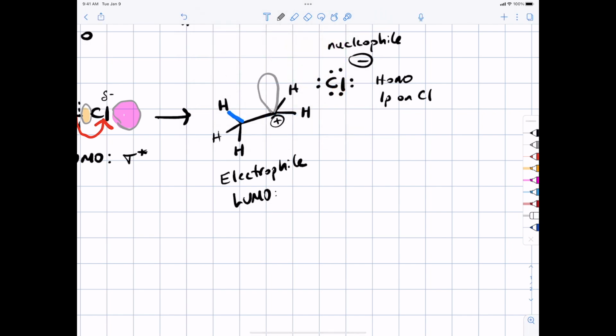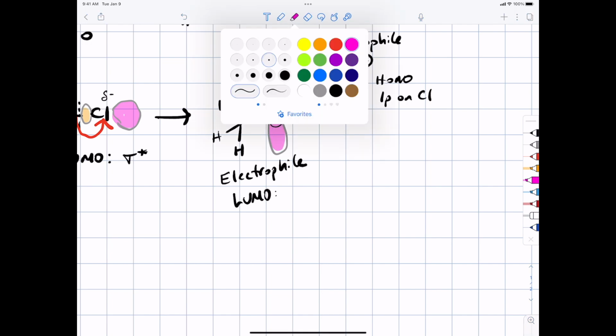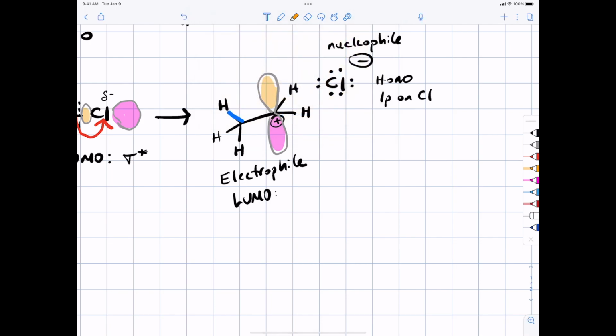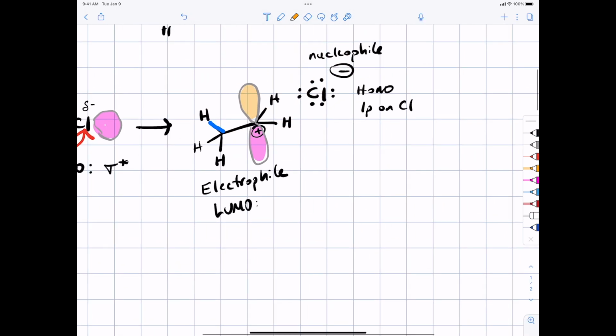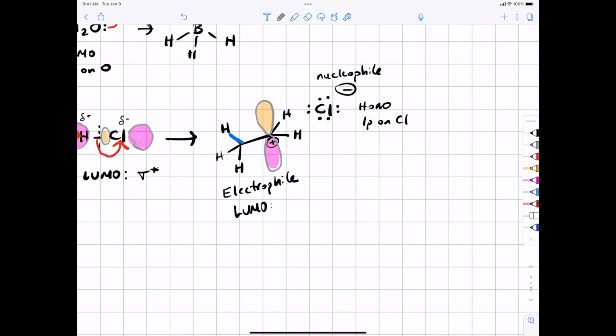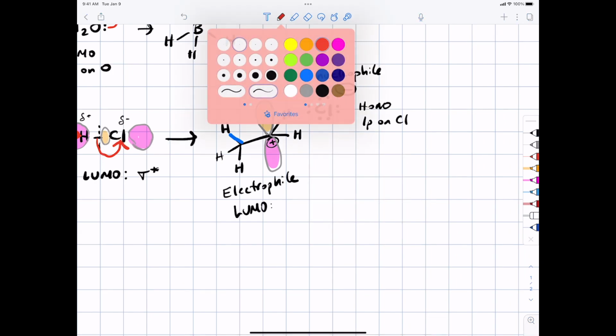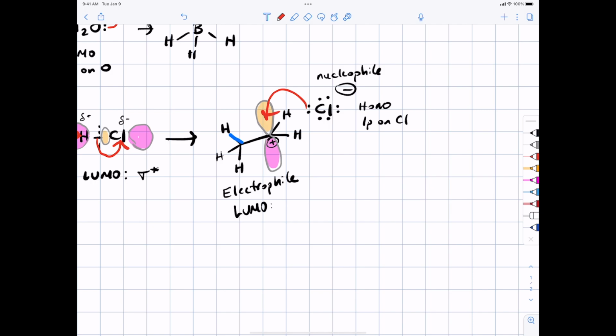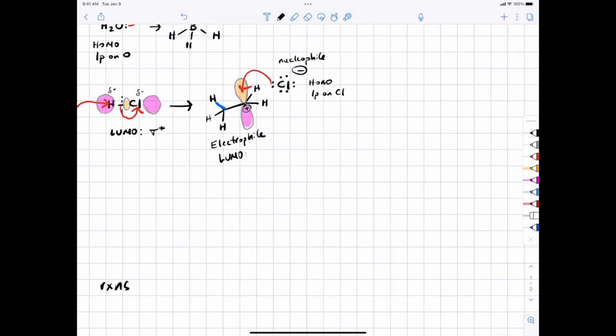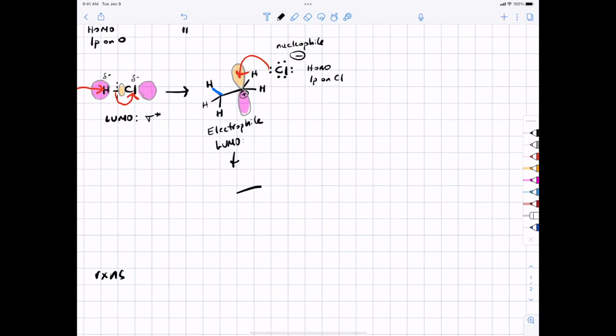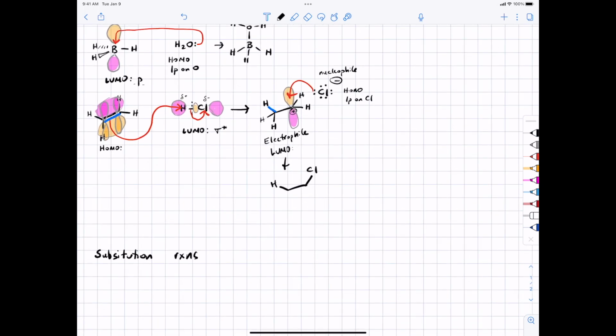Empty p orbital on the positively charged carbon. Good. The reason it's that as opposed to any of the antibonding orbitals is that non-bonding empty orbitals are always lower in energy than our antibonding orbitals. So HOMO attacks LUMO, and you've just predicted a chapter 10/11 reaction without knowing anything other than HOMO attacks LUMO.